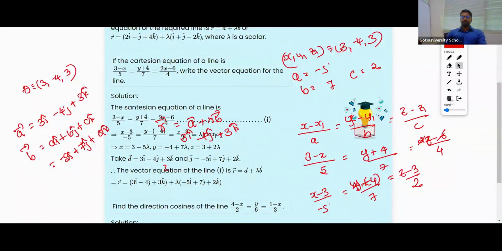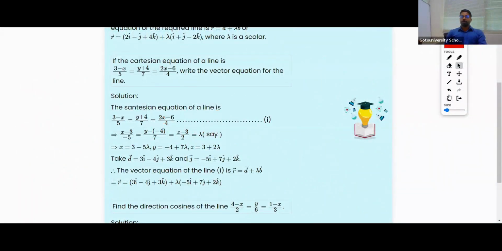So in general format, let me read it again. If you want to write it in vector format next time, we always write it as x1 i plus y1 j plus z1 k plus lambda times (ai plus bj plus ck).